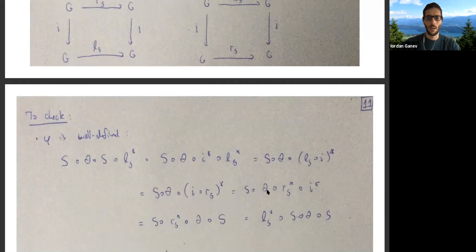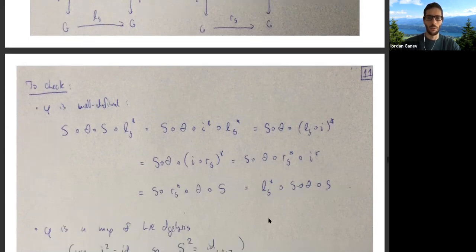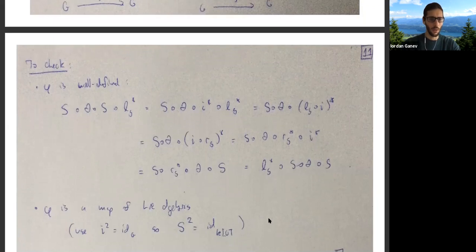And since theta is right invariant, we can pass it through. And then again, we use the fact that S turns R's into L's, and L's into R's. And we get the L_G star popping out on the other side. So there we go. That proves that it's left invariant.